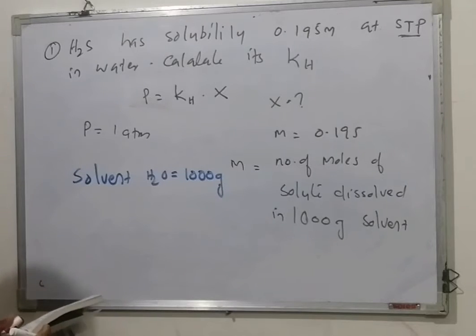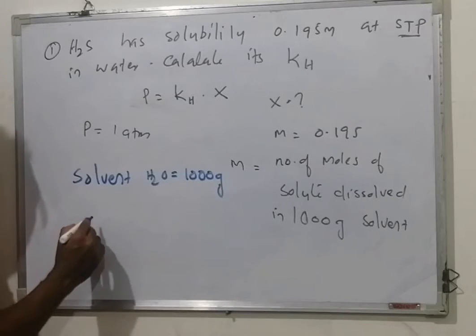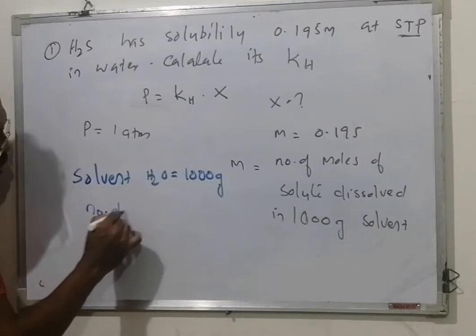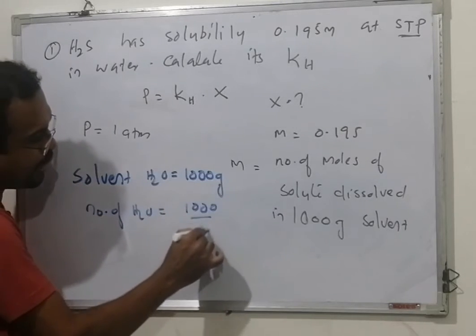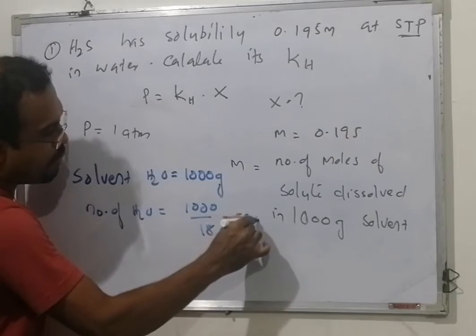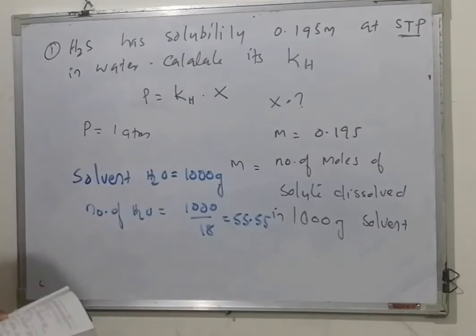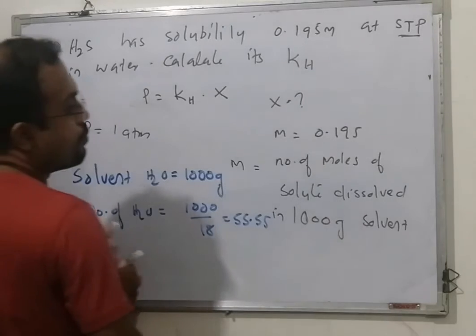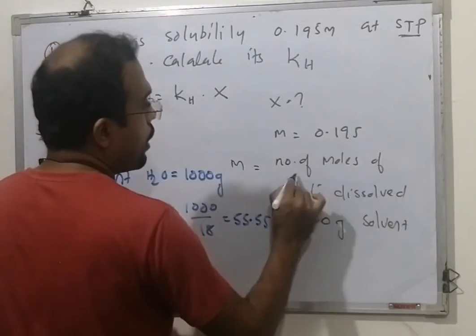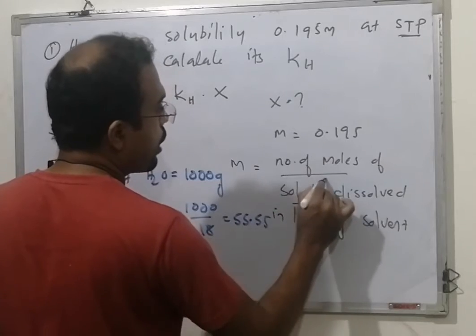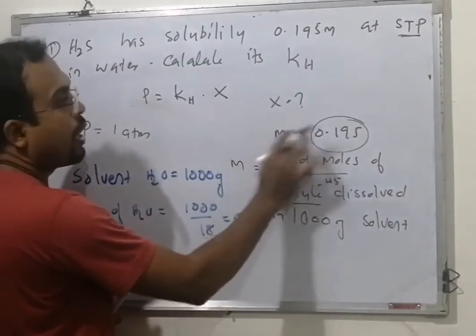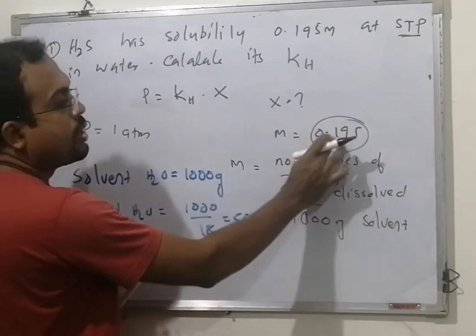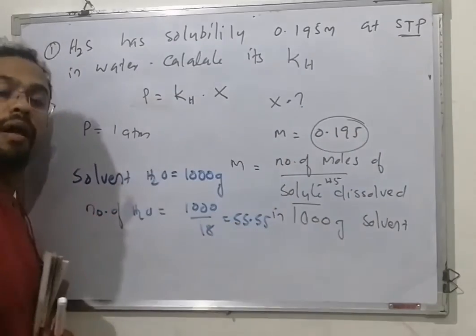The number of moles of water is 1000 divided by 18, that is 55.55. What is the solute here? H2S. What is its number of moles? Molality given means this much mole is dissolved in 1000 gram.